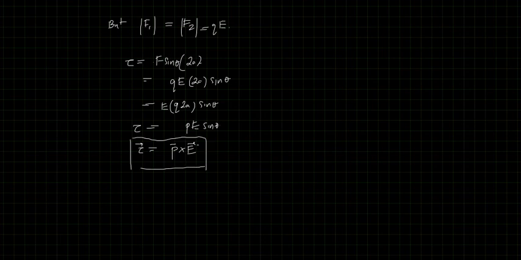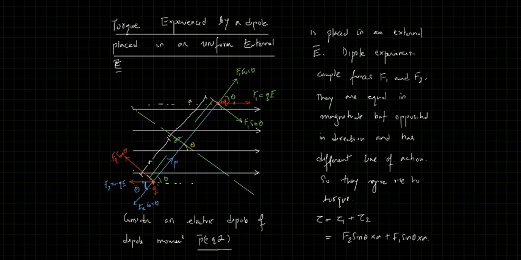Again I use the right hand rule to explain it. If I apply the right hand rule here, this is the P vector and this is the E vector. Use your right hand rule. That means your right hand goes in, and this is the torque.